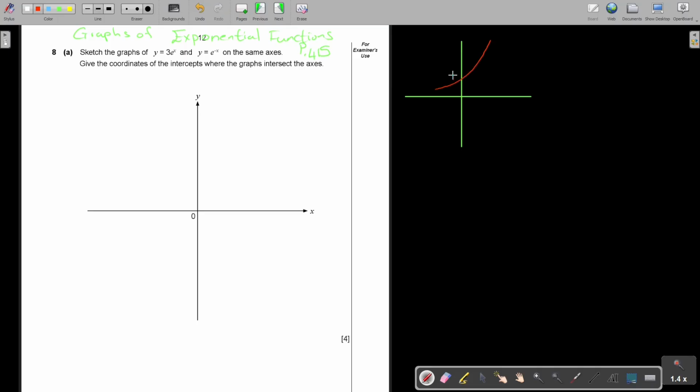Say, for example, this is y equals 2 to the power of x. And if it's e, then it's more or less doing the same, but it's cutting also there at 1 and going a little bit like this. It's all cutting at 1, so just look at the shape.